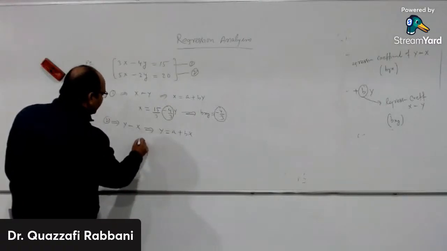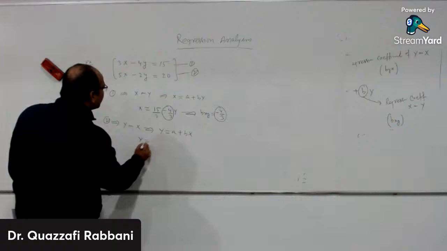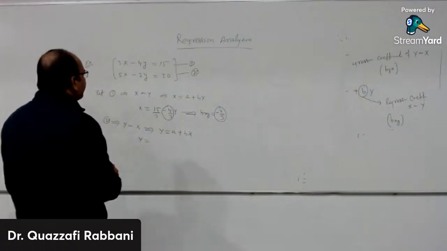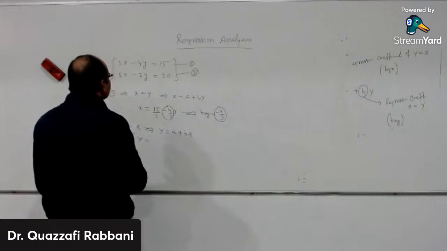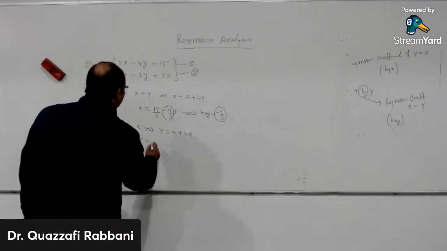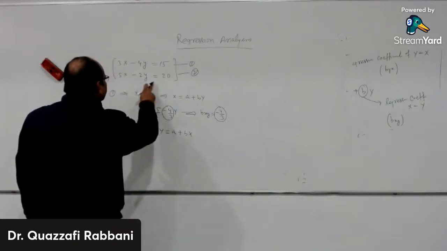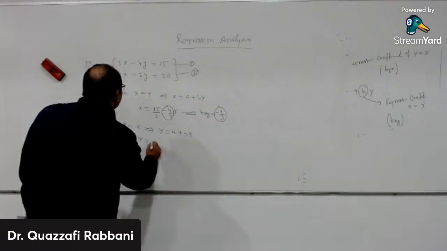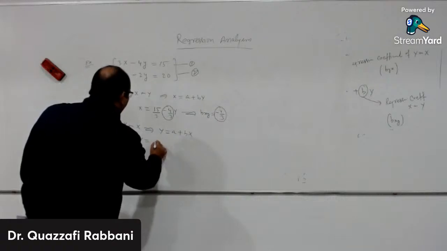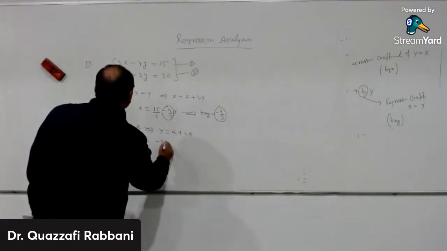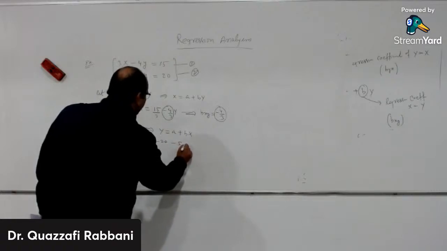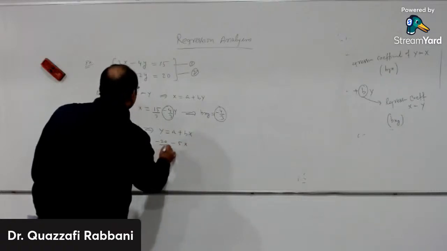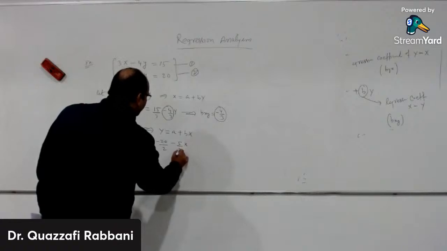Now convert equation 2 in this form. So here y is equal to, from this, so y will be minus 20 and minus 5x, and this will be 2 and this is 2.